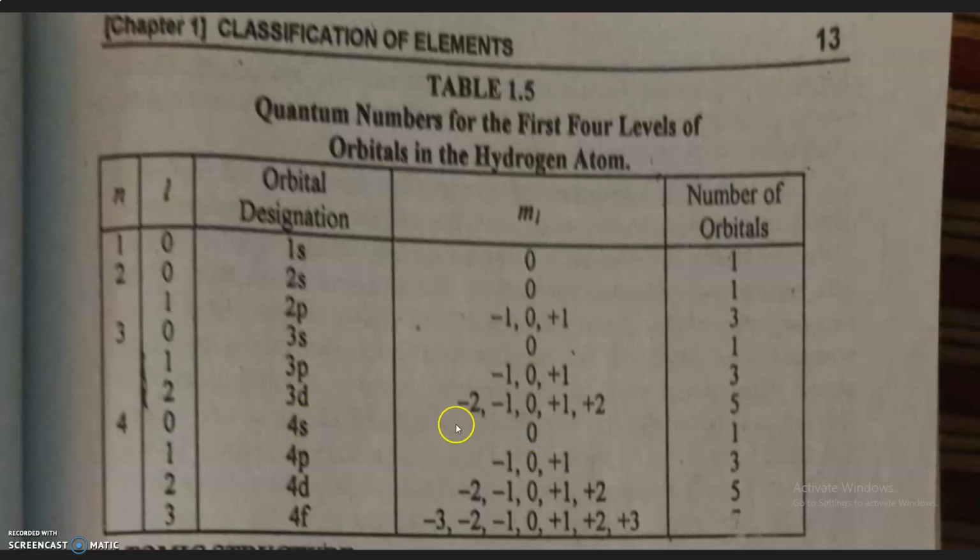For the s orbital it will be 0. For the p it will be from -1 till +1, so 3 are here. For 4d it will be -2, -1, 0, +1, +2, in total 5. And for f, there will be from -3 till +3. So in total, if you count, 1, 2, 3, 4, 5, 6, 7, there are 7.